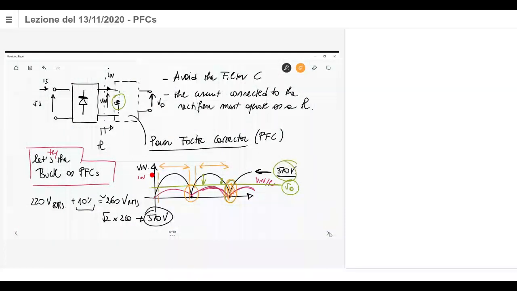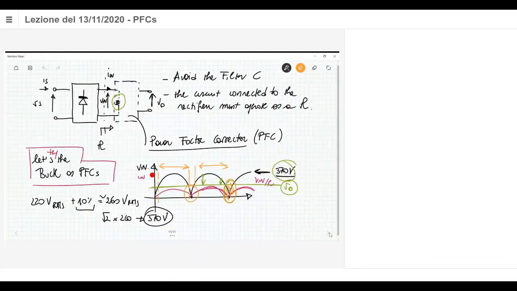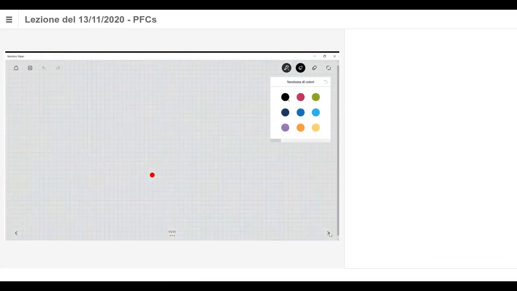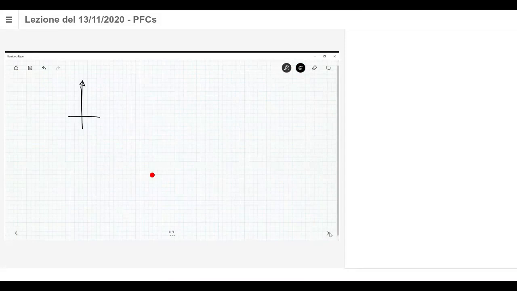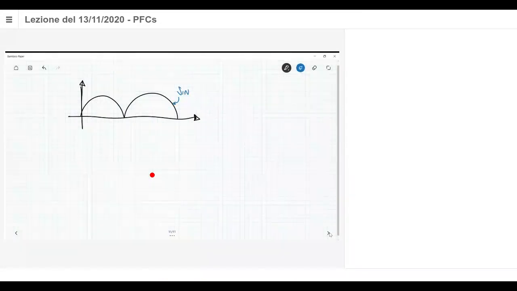Okay, so since you have the operation just in a small fraction of the total period, what does it mean in terms of currents? Supposing that you have this voltage here as an input voltage and the output voltage is here, the circuit works as a buck just in this interval here.